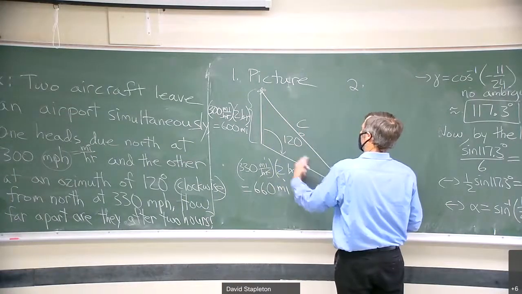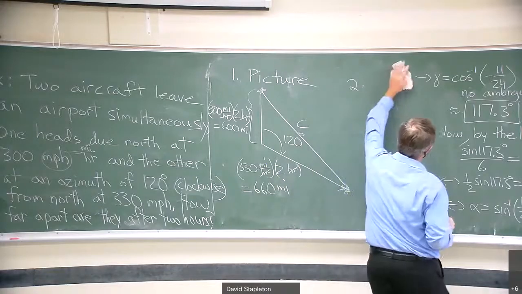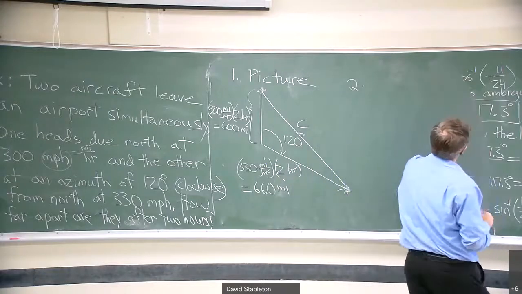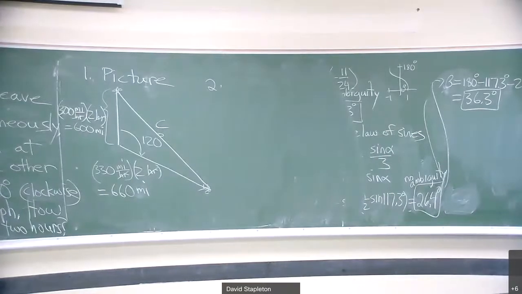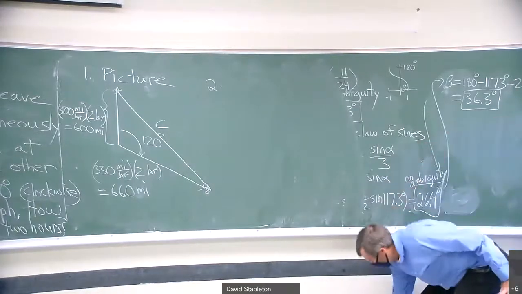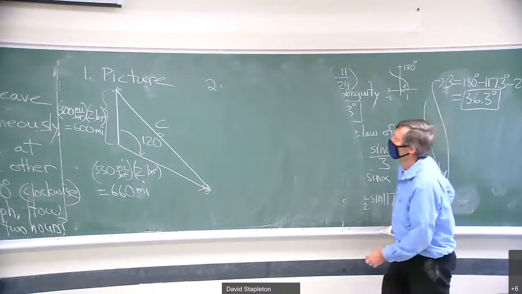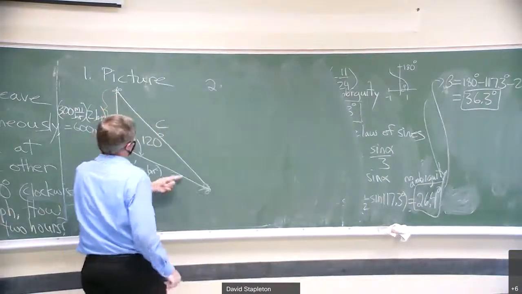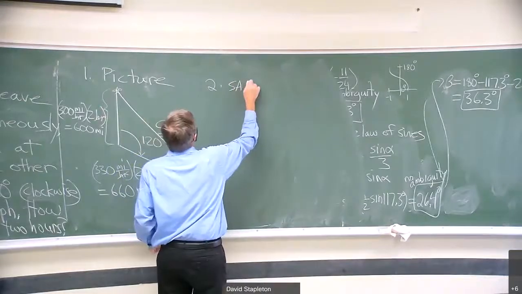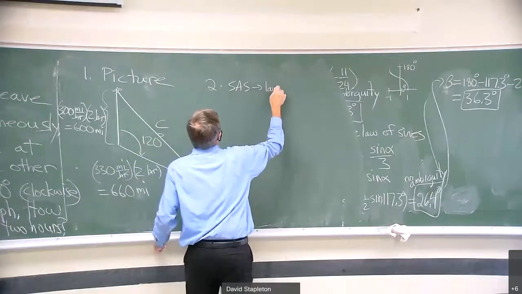These are both acute because this one's obtuse, so there can't be a 90-degree angle in there. I have to use the law of cosines or the law of sines. Which one should I do? Well, let's see. I have a side followed by an angle followed by a side. That tells me I want the law of cosines.